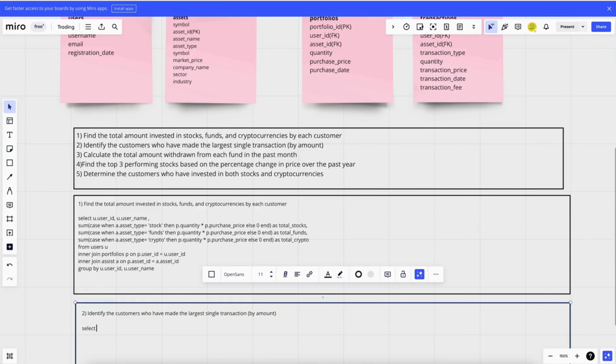I'll say select user ID, username, maximum transaction amount or price.